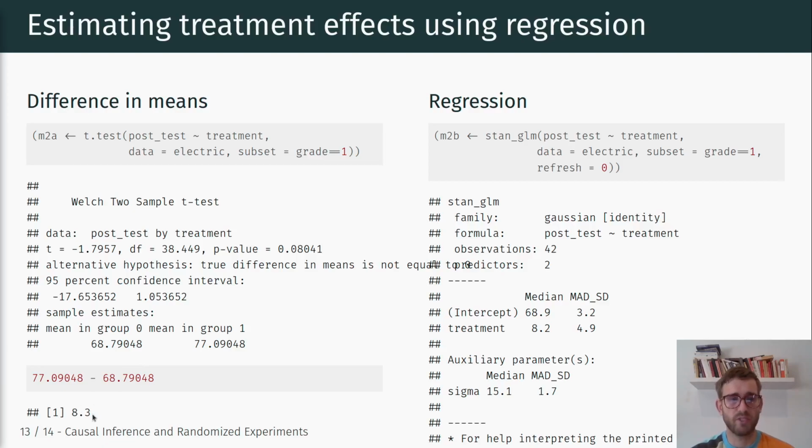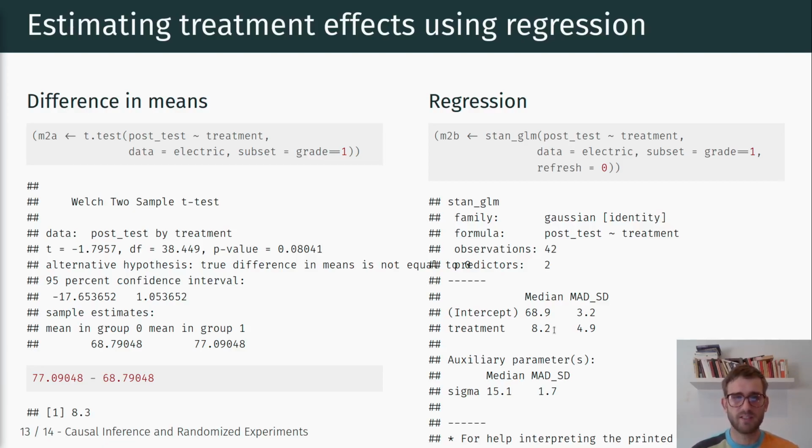So 8.3 increase in reading scores there, and here we have an 8.2 increase in reading scores based on our linear model. In that sense, we can recover exactly the same results using linear regression that we had using a basic difference in means estimator.